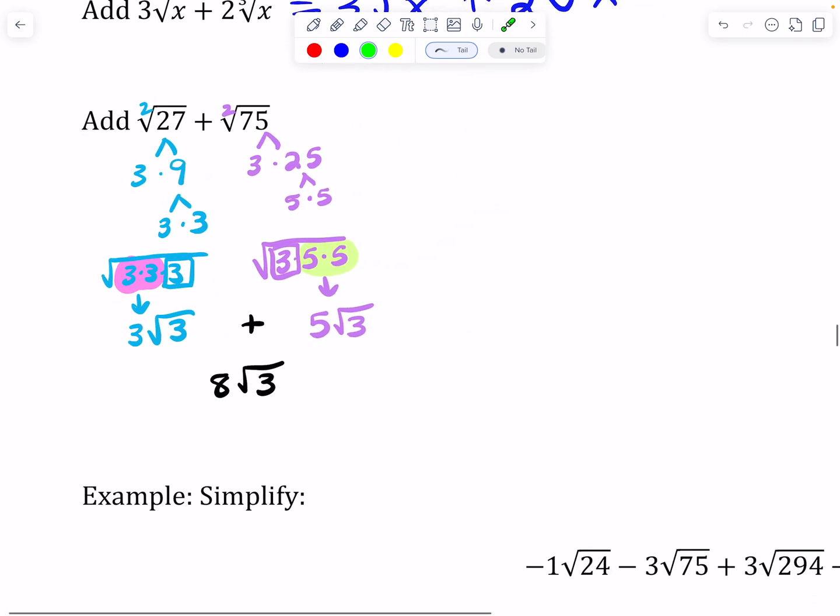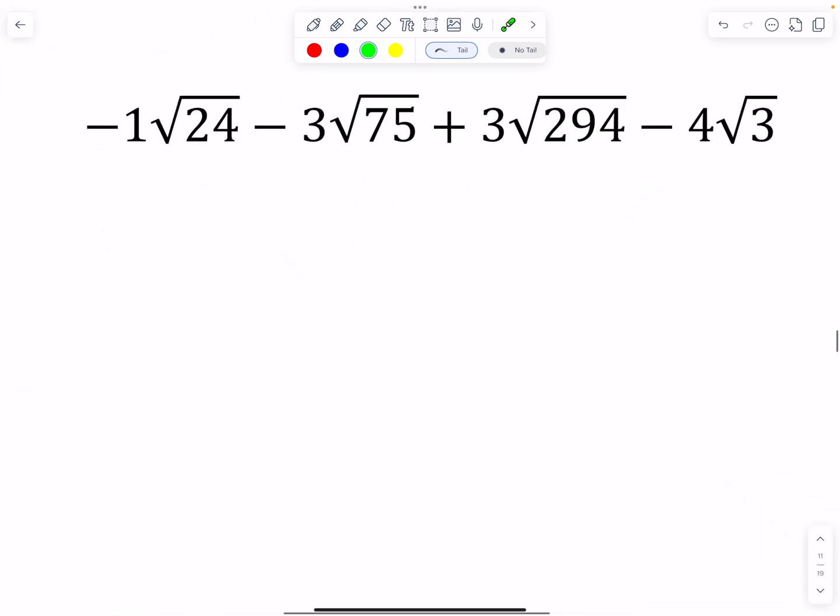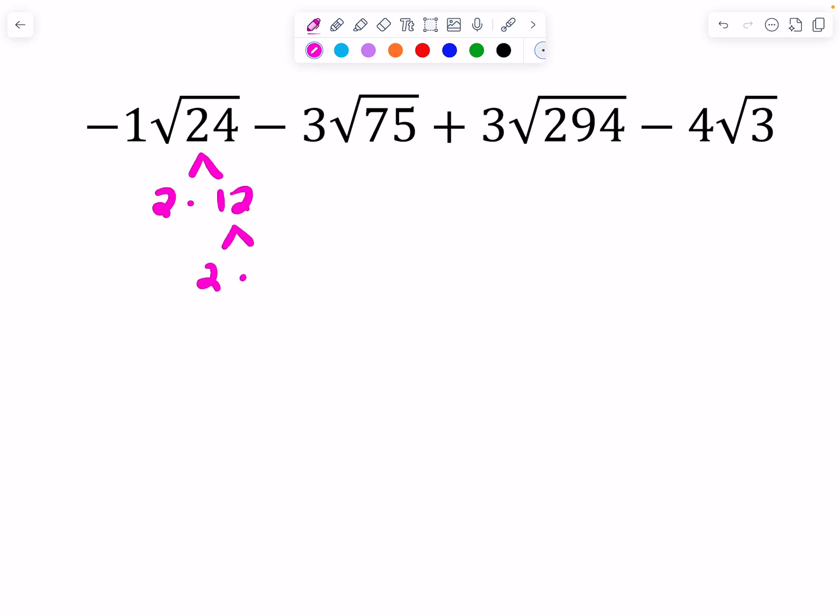So now we're going to do one that's a little more complicated. We're going to simplify each one of these radicals individually. So the first one, we're going to do our factor tree. We get 2 times 12, 2 times 6, and 2 times 3.